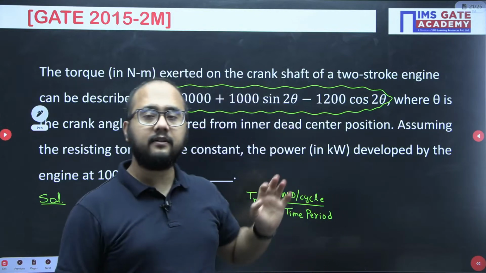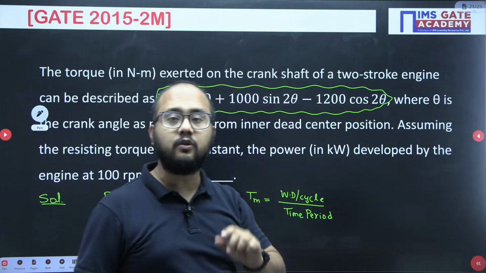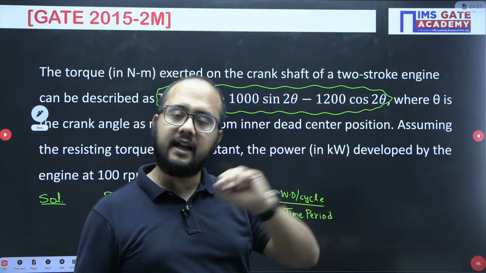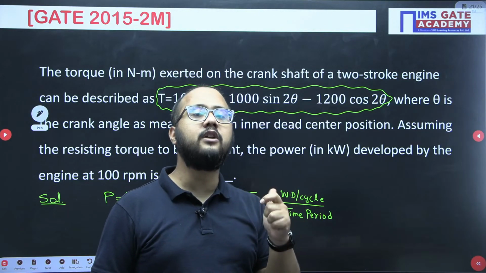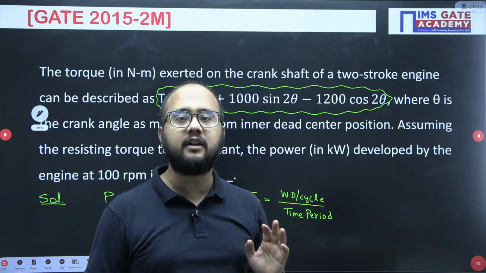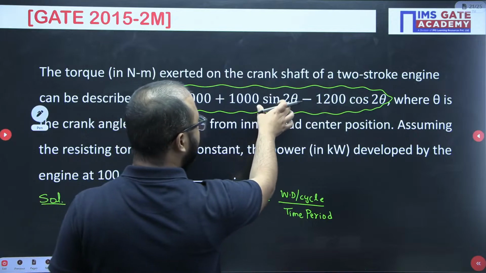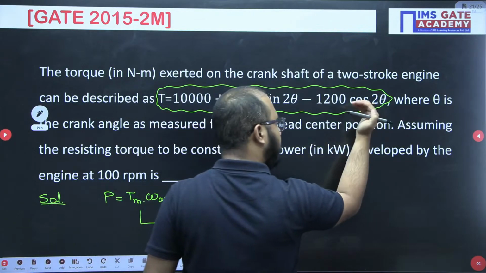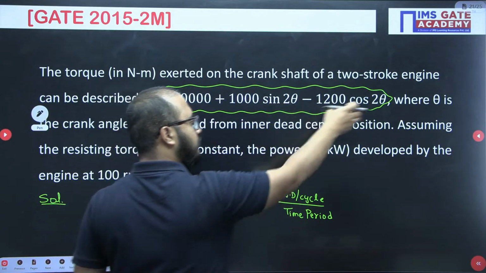Whenever a torque expression is given and sin theta, cos theta terms are there, you need to take the LCM of the numerator and HCF of the denominator. Clear this point? For sin 2 theta, the time period will be 2 pi divided by 2, and for cos theta, 2 pi divided by 2.